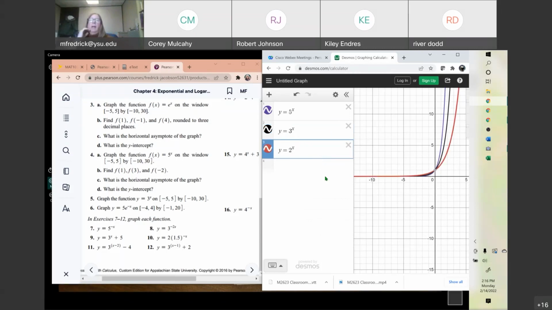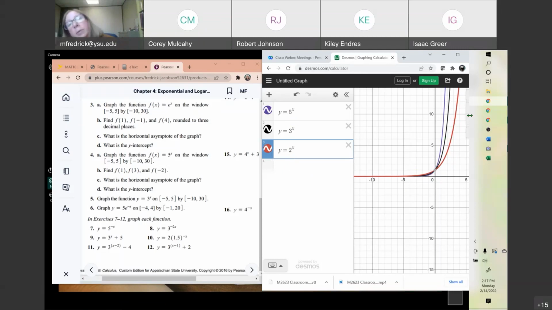Notice that when my number changes, the value that has the x on it, the graphs are very similar. It's just that the higher this number is, like this one's a 5, it grew faster. The 3 grew a little slower than that one, and the 2 grew slower than that.